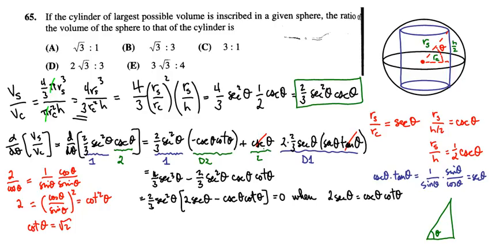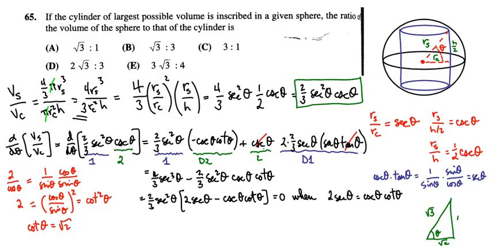So on the right side I draw a little diagram, and since the tangent is opposite over adjacent, cotangent is adjacent over opposite, and that has to be square root of 2. And that makes the hypotenuse the square root of 3.